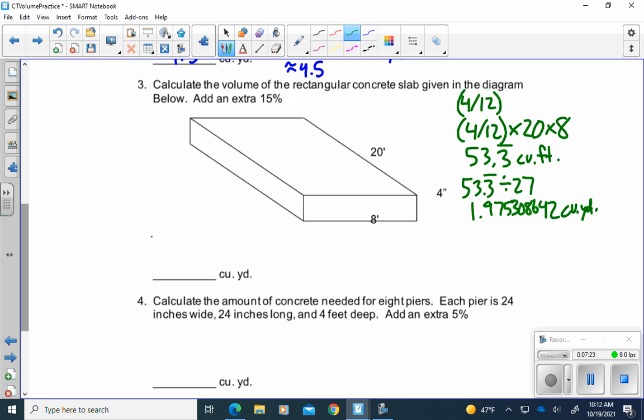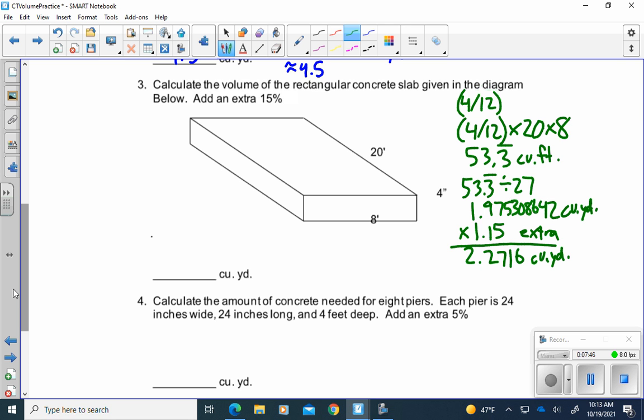We want extra, we want 15% extra, so 0.15. So we'll multiply by 1.15 to get extra, which gets me to 2.2716 cubic yards.